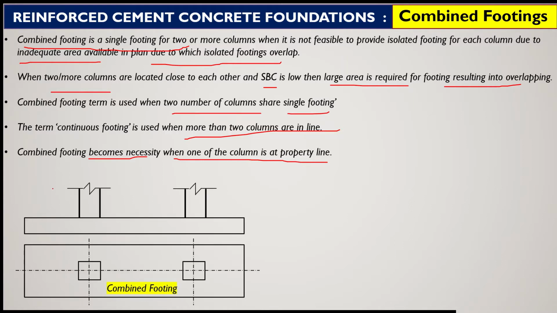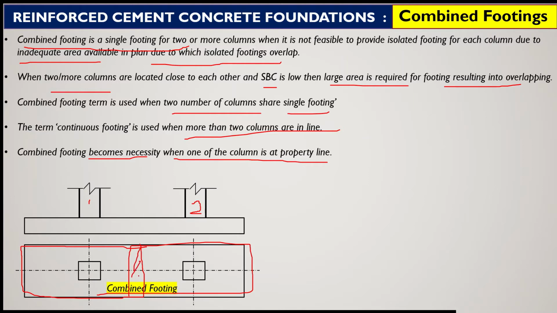So that time we have to design a combined type of footing. Now you can see in this figure we have shown two columns, and both the columns have a common footing, and that is known as combined footing. Now suppose we want to put the footing for column number 1 and column number 2 individually, then what can happen is that this footing may be for the first column and this footing may be for the second column.